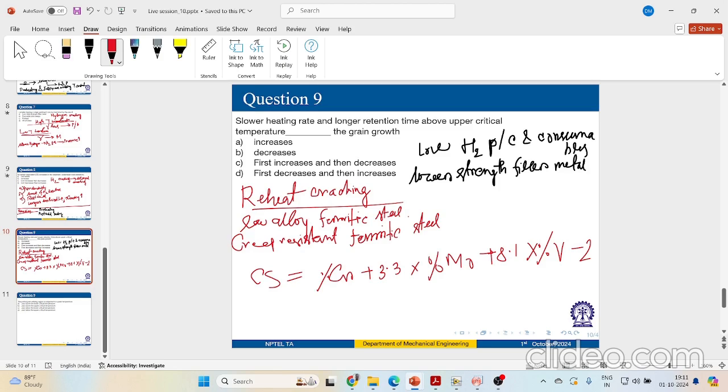Then subsequent rapid cooling will not allow enough time for carbides to reprecipitate, right? That will result in supersaturation of these alloying elements.